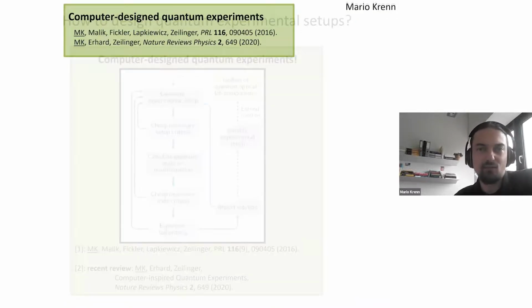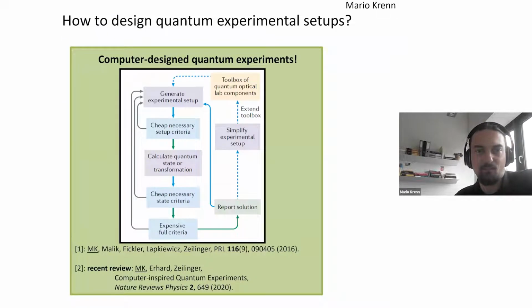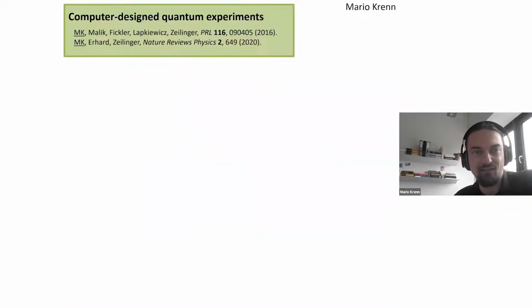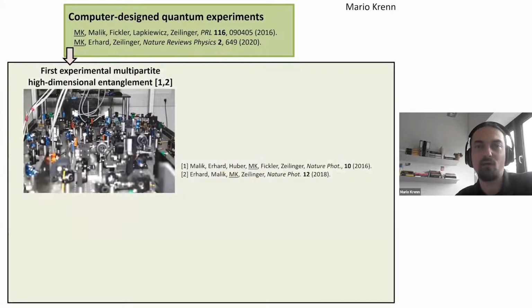And this algorithm was not only simple, but actually it did exactly what we were hoping for. I programmed it and ran it overnight, and in the morning I really found a solution.txt file on my desktop that shows that it found the experimental setup.